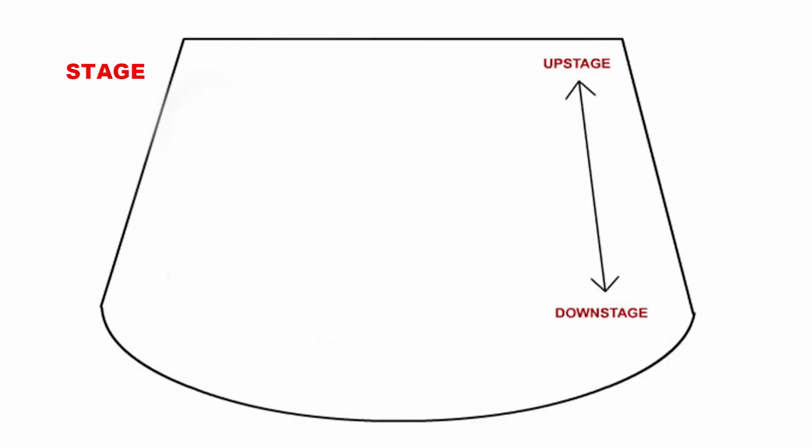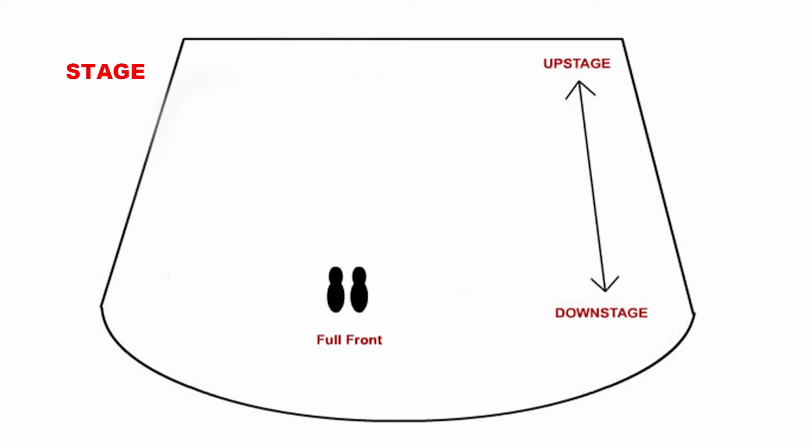So the position where the actor is fully facing the audience, as I am now, is what we call full front. So I'm fully facing the audience. My full front is directly positioned towards the audience.